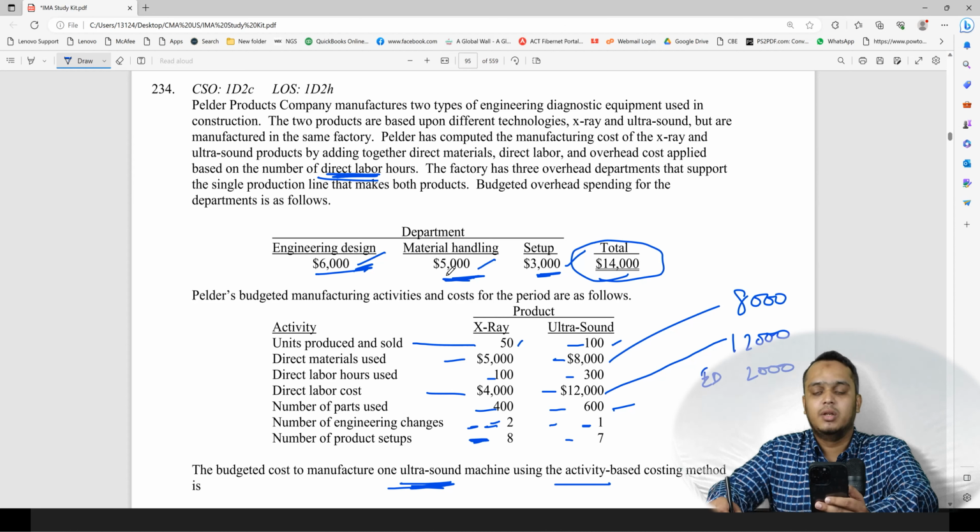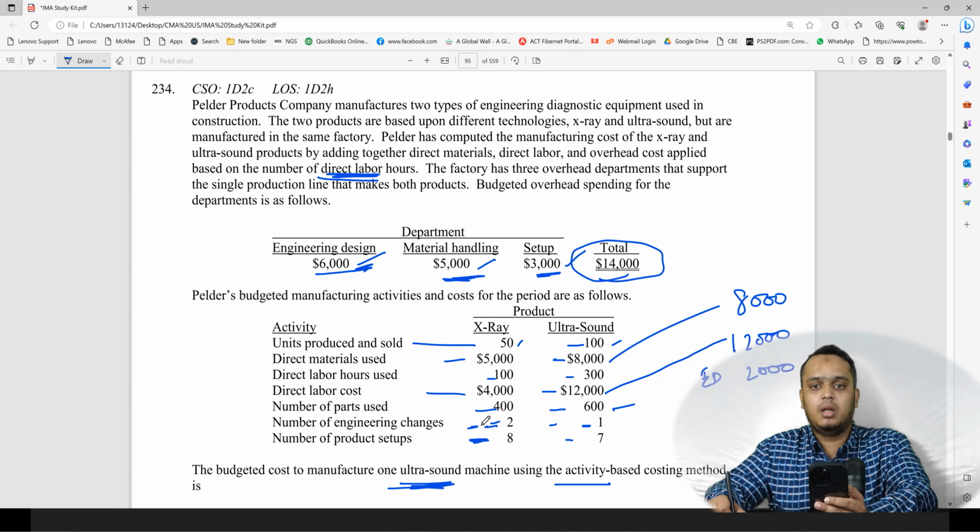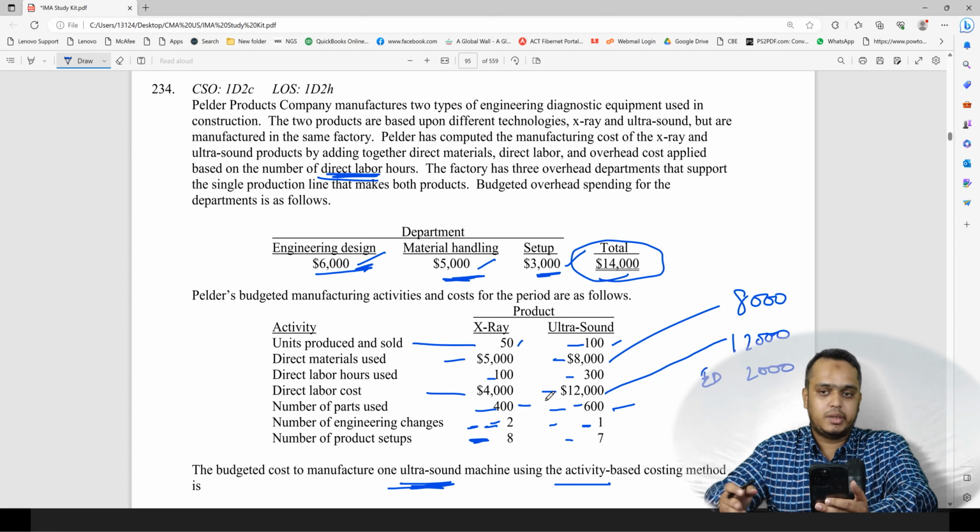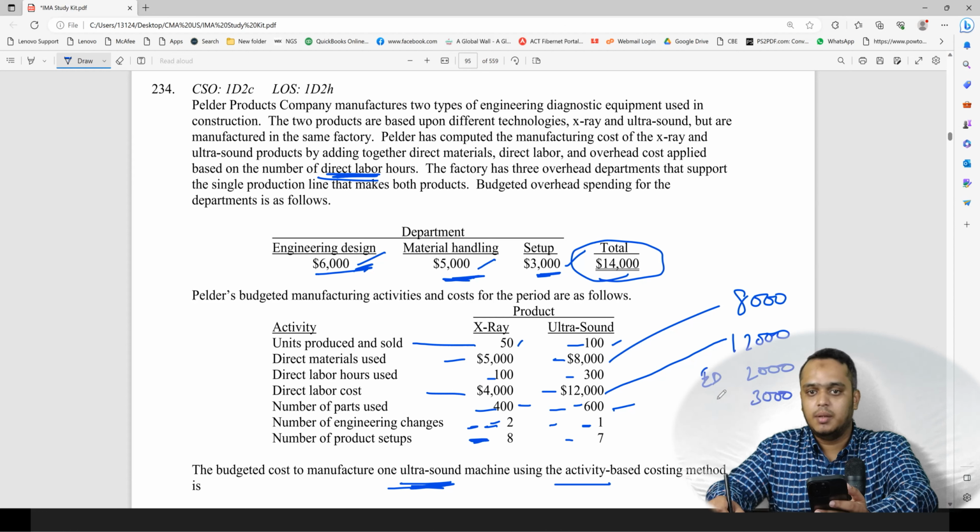Then what type of cost comes next? Material handling. So 5,000. What is my number of parts used? This is 400 to 600, which is basically 4 to 6. So I can do 40% or 60%. 5,000 into 0.6, or 60%, is 3,000. 3,000 is my material handling cost.